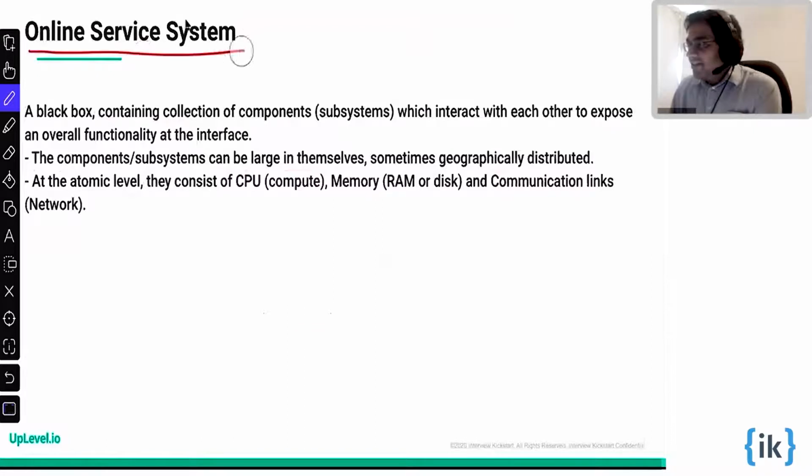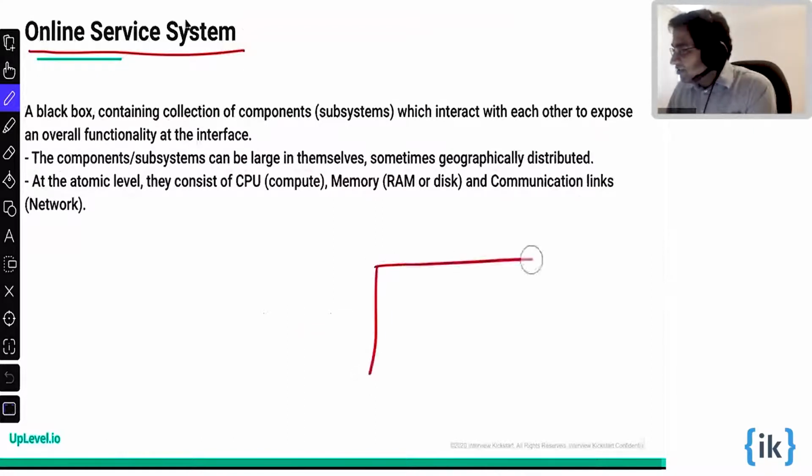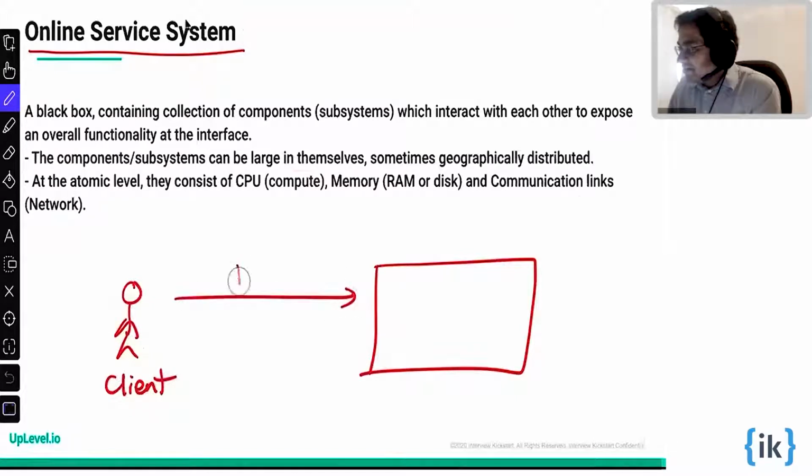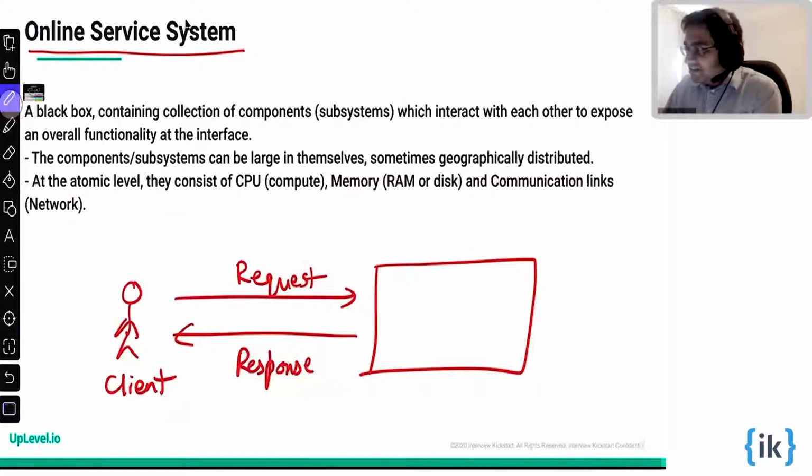Now, an online service system of the kind I described can be visualized as a black box. So there is a client, as I said, or a bunch of clients. They send in their request into this black box and they get back a response. And what they see is just the interface.